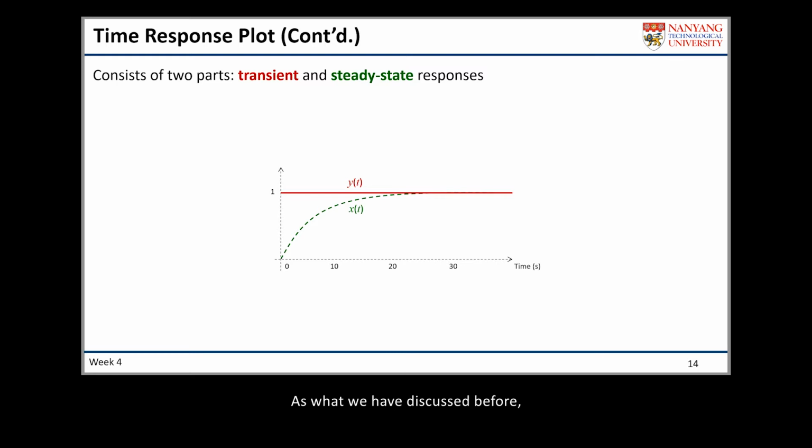As we have discussed before, if you give a dynamic system a constant input, the response will vary in time, even though after some time the output x(t) will follow the input y(t). Now let's take a look in more detail at the output x(t).